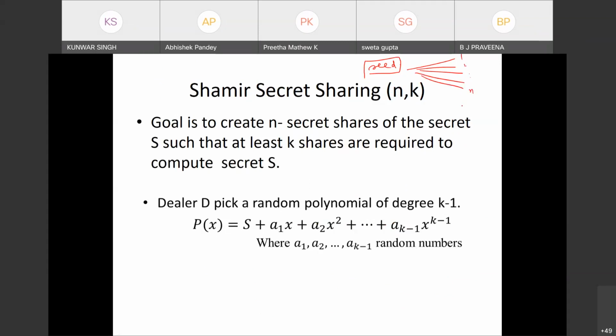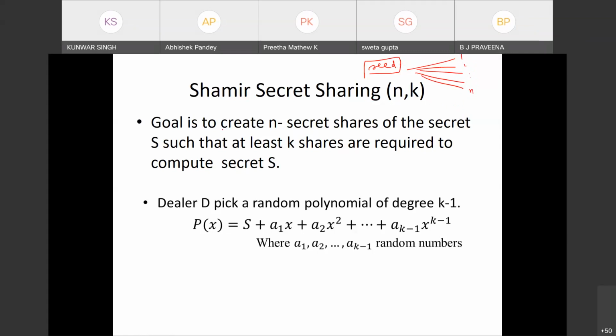I have n shares, but if I get any k shares out of n, I can compute the seed. That is called Shamir secret sharing (n, k).